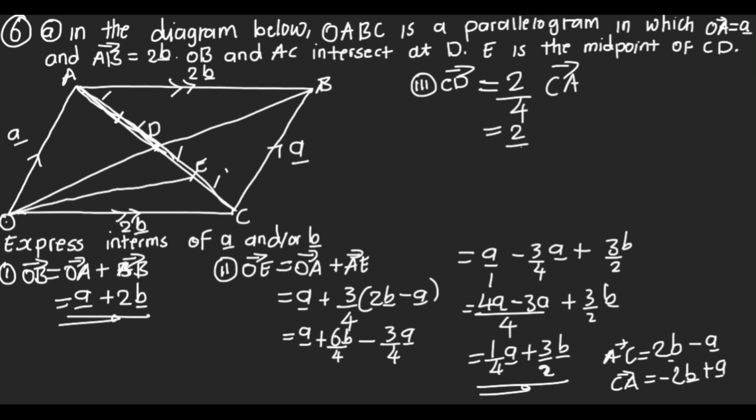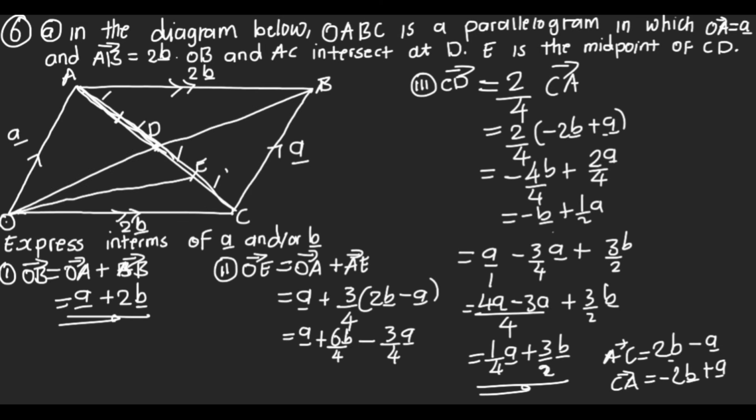So it's 2 over 4 of vector negative 2b plus a. If we expand, 2 times negative 2b will give us negative 4b over 4 plus 2 times a will give us 2a over 4. So 4 into 4 is negative b. Then here we can reduce to half a, which is our answer here.